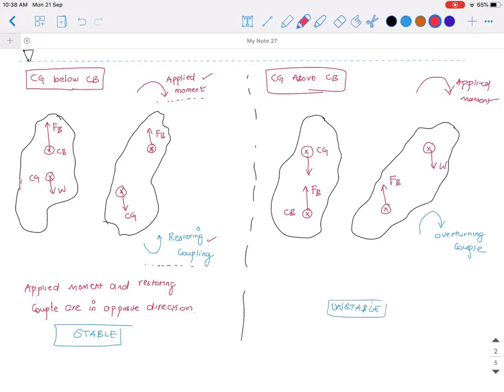In the previous case the applied moment and restoring couple were in opposite directions. Here they are in the same direction. We applied the moment in the clockwise direction, and the couple, due to this arrangement, is also in the clockwise direction. So the body moves further away from the equilibrium.